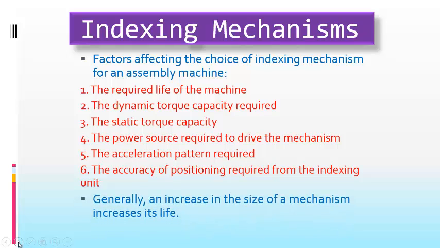Generally, an increase in the size of the machine increases its life. If the mechanism is big, the machine life will be longer, and small mechanisms will wear very soon, and the machine life will be reduced.